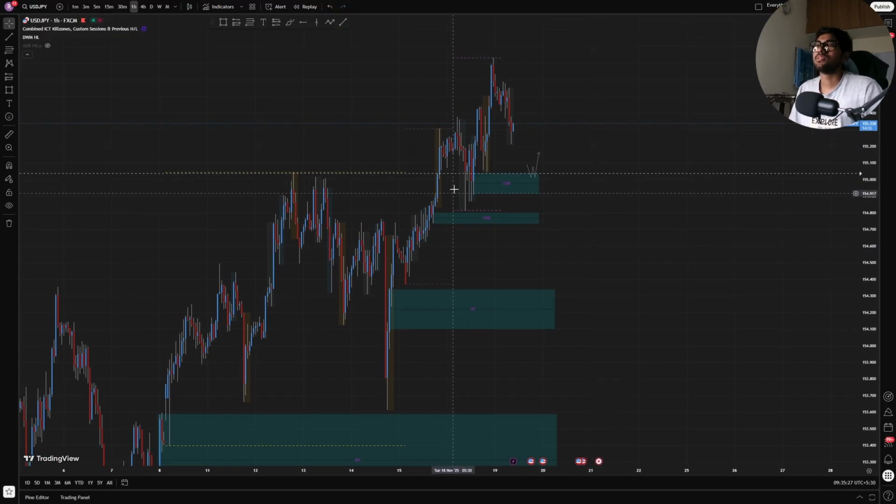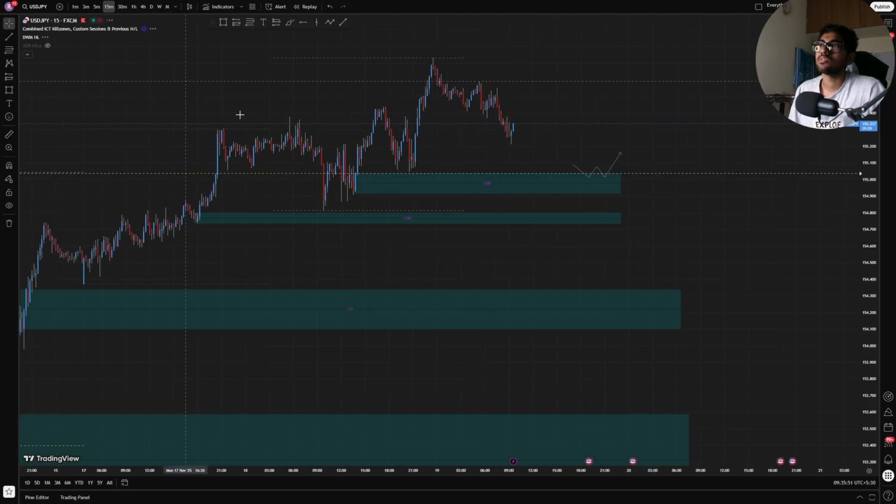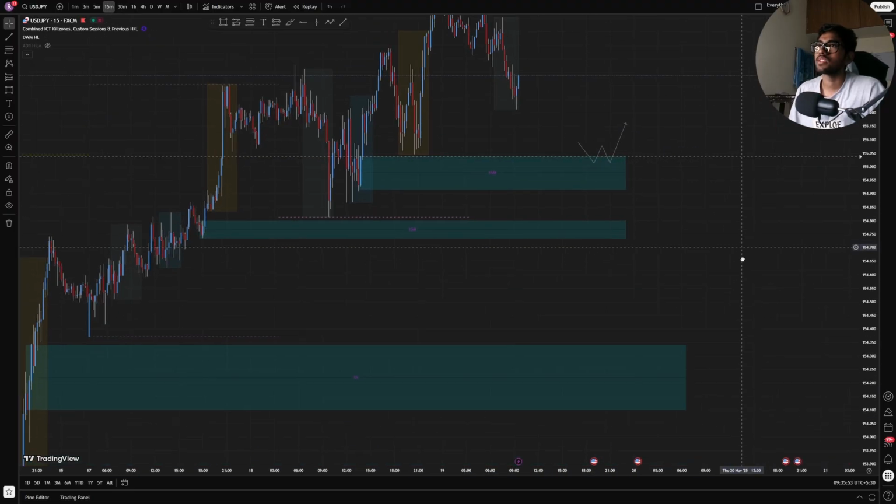So anyways, we'll go for the continuation of the trend for today, taking weekly as the support. So this yellow line that you see right here, this is the weekly highs. So taking weekly highs as my support zone, I can use this 15-minute order block to go for the buy.